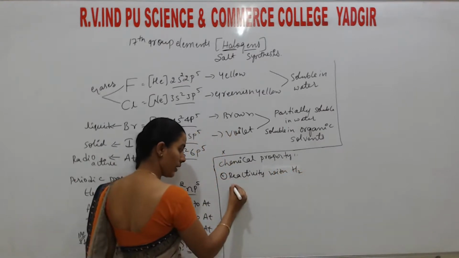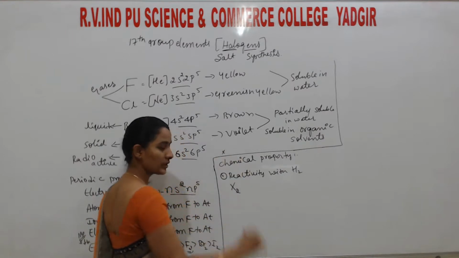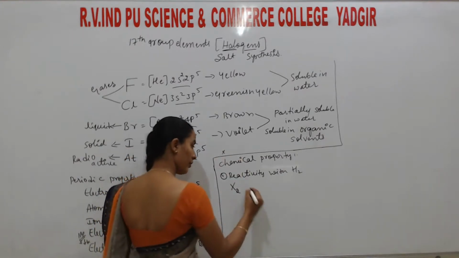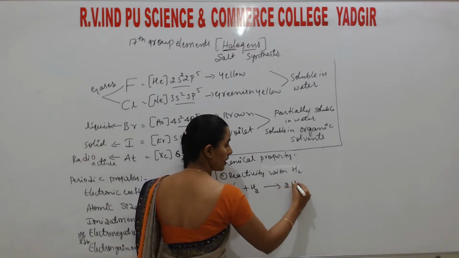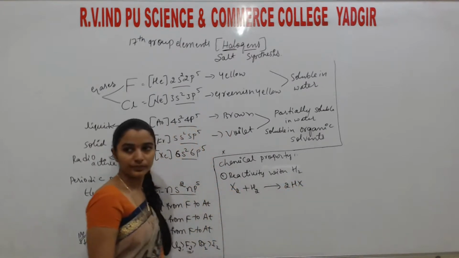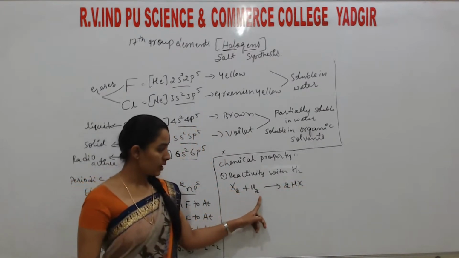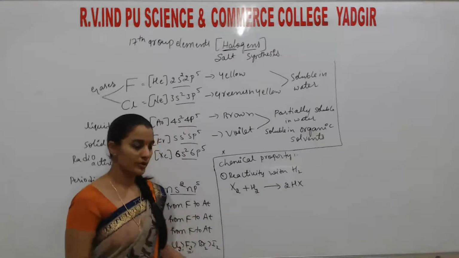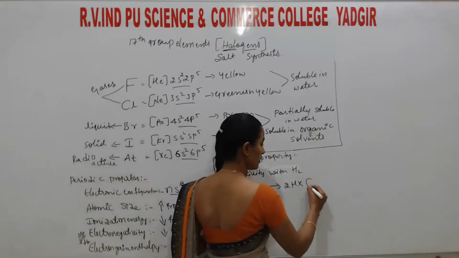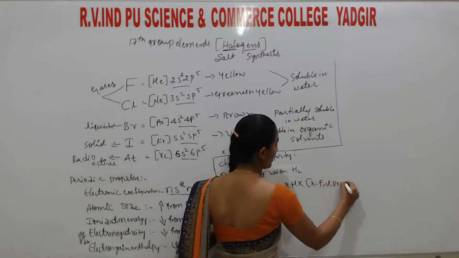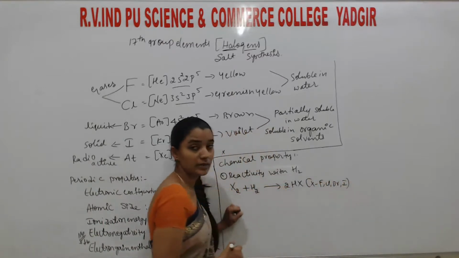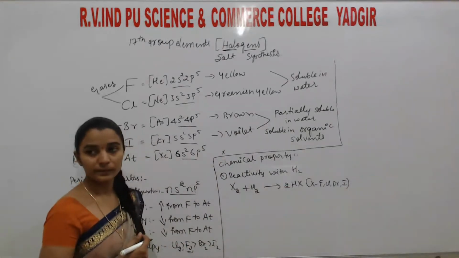For example, any halogens, that is X2, when treated with H2, form two HX type compounds. Right? X is what? Halogens. That is chlorine, bromine, iodine, not astatine. Astatine is a radioactive element.